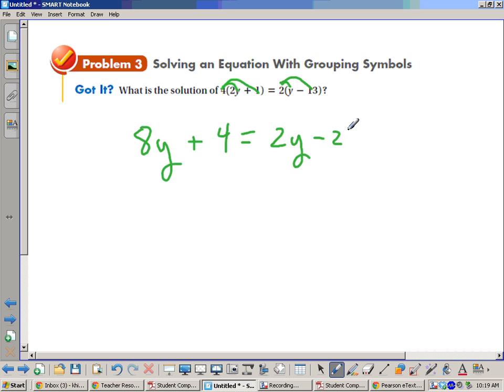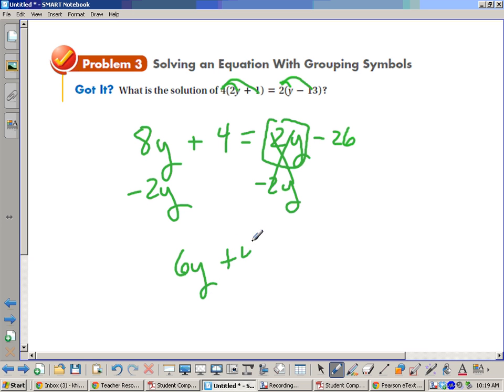2y minus 26. Now we have to get this variable and move it over here to the other side. To do that, we're going to subtract it. So that removes it from this side, but we have to do that to both sides. So we get 6y plus 4 equals, don't lose your minus here, that becomes a negative 26.